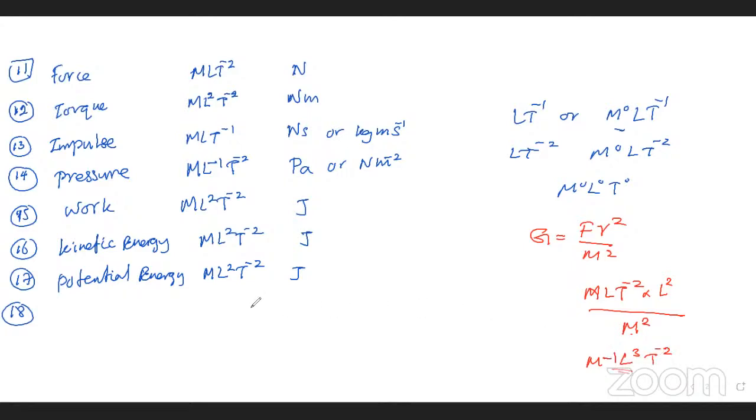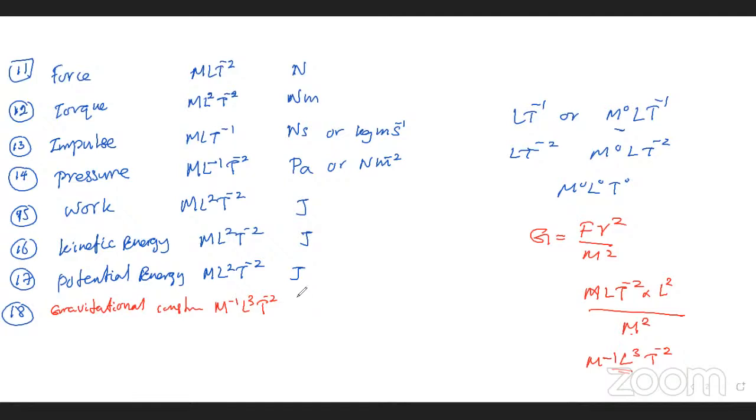So this is the dimensional formula for the gravitational constant: M minus 1 L cubed T minus 2.